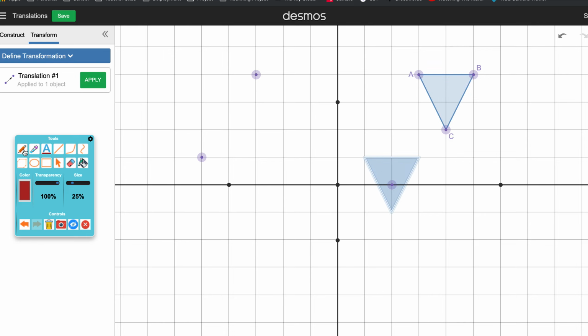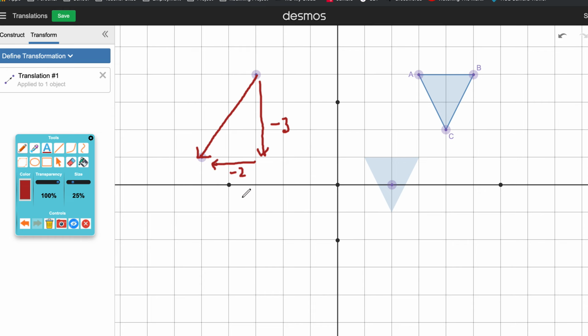What this means is I've gone from here to here, which would be down 3 and back 2, similar to a slope, isn't it? So we'd say that this is a T of (-2, -3).